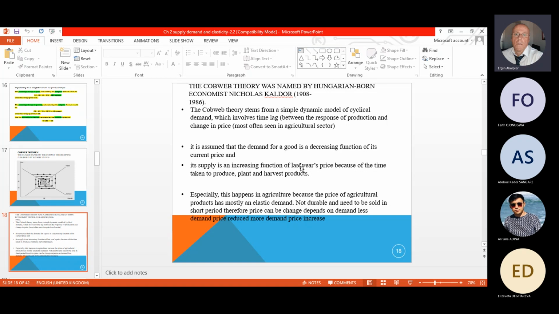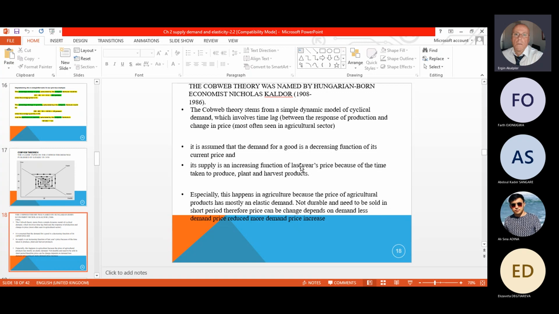The response of production to the change in prices is very heavily affected by the position of the supply and demand, of course, and this is mostly observed in the agricultural sector, because in the agricultural sector every seasonal deviation is affected by the former period or former seasonal activities. Therefore, this is very easy to understand when you concentrate on agricultural foodstuffs.